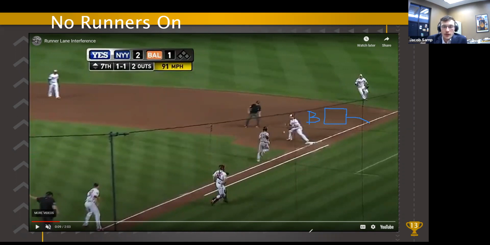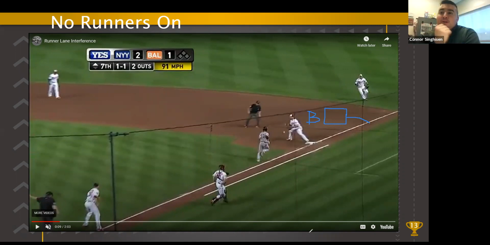And that's a maybe. If he's over in the box area, 2 or 3 steps off the fair foul line, and now he's looking up the line, he's got a lot better of an argument if he, as the base umpire, comes up and says time, that's runner's lane interference.